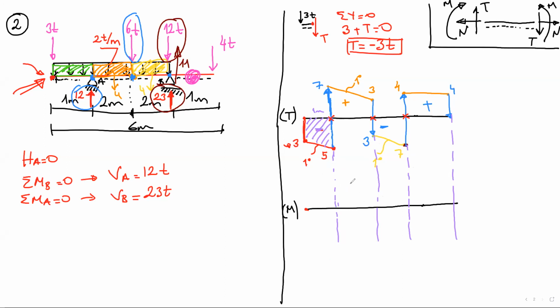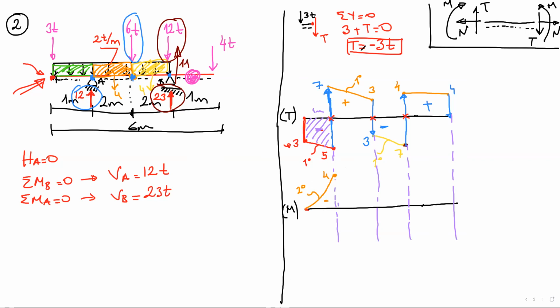Remember, for moments, the negative side is the upper side. So here I have -4. I will connect these 2 points with a curve. This is going to be second degree. So here is minus.